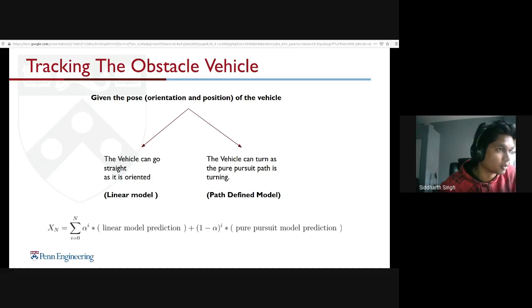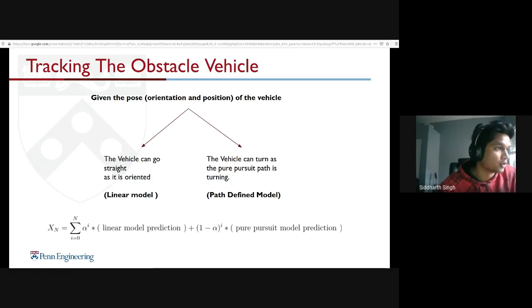And I'm going to have an exponent component over it. The sum of this is 1. So suppose that if we weigh alpha to be 0, we will have entirely the pure pursuit model. And if we weigh alpha to be 1, we will have entirely the linear model. And this i equal to 0 to n is essentially the time steps.